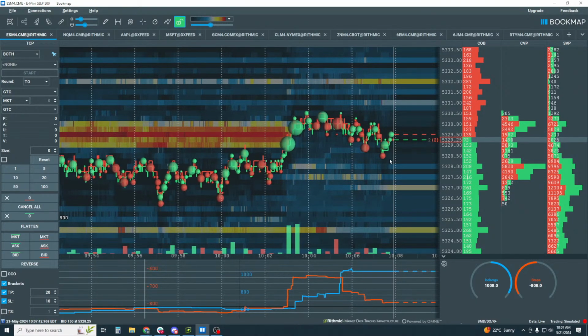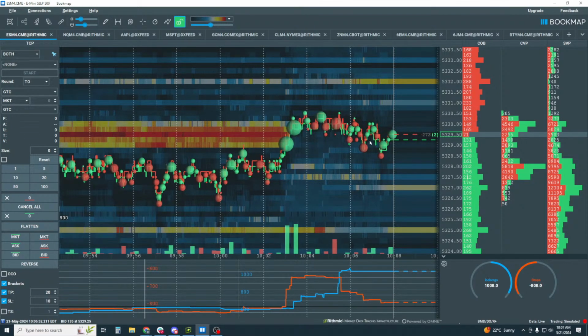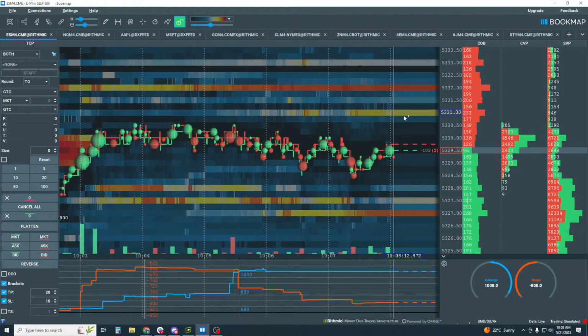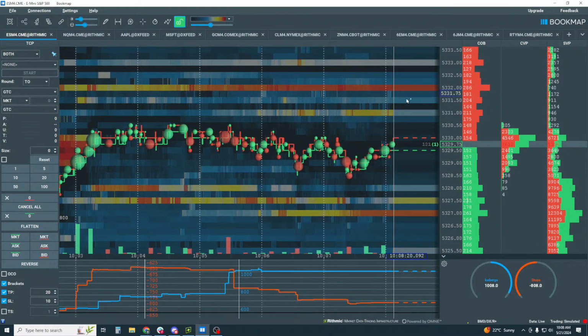So we would look for a pullback, and then we'll see if after that rest we can get more buyers to come back in and lift the offer and trade up to 31, 32, 33 liquidity up here.